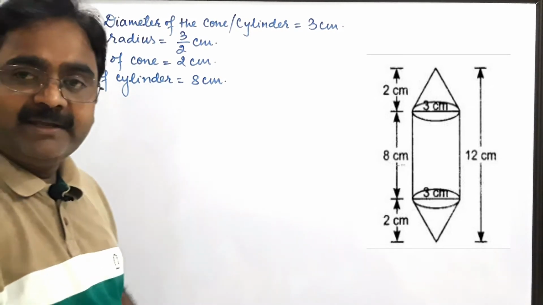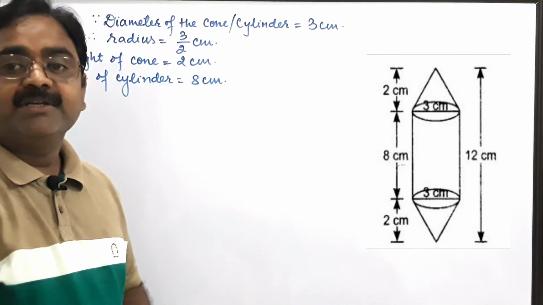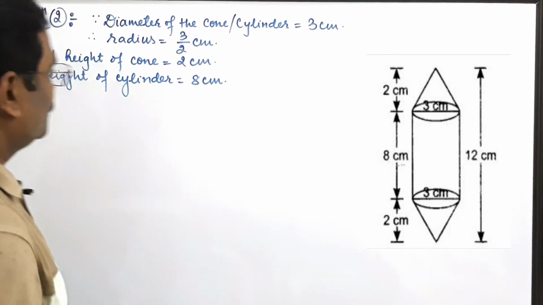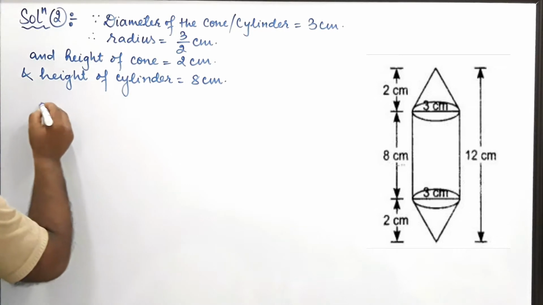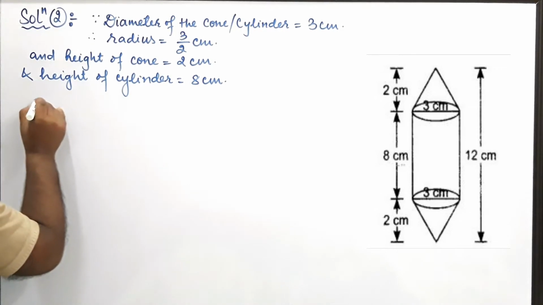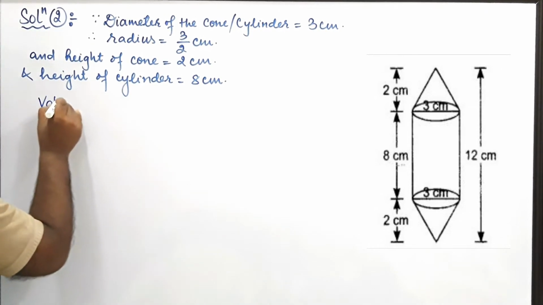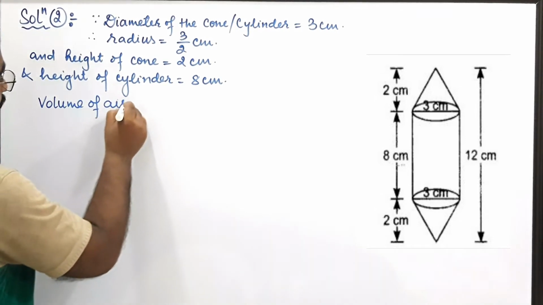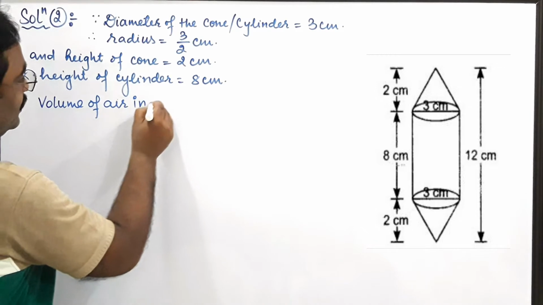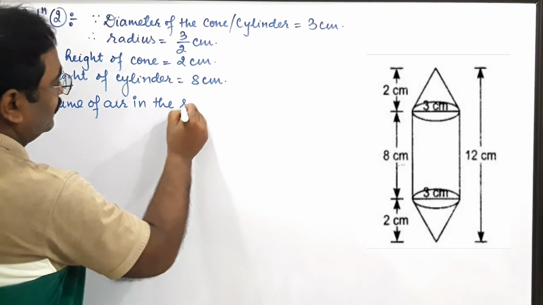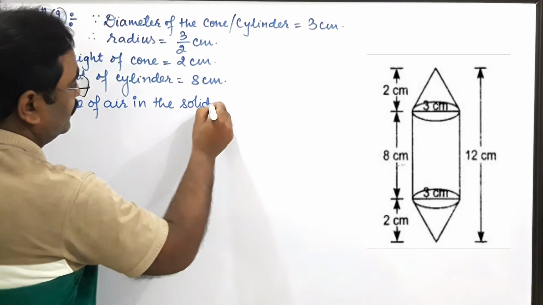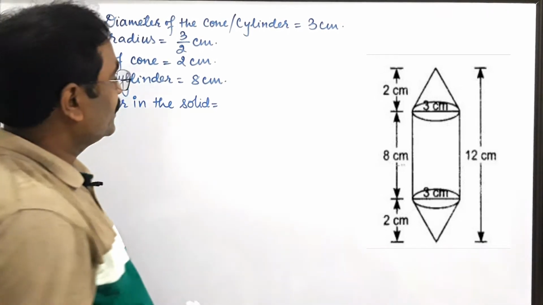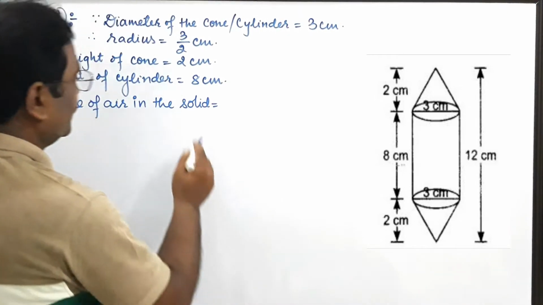To find the air contained in this solid is equal to the volume of the solid. So volume of the air in the solid is equal to the volume of the solid.